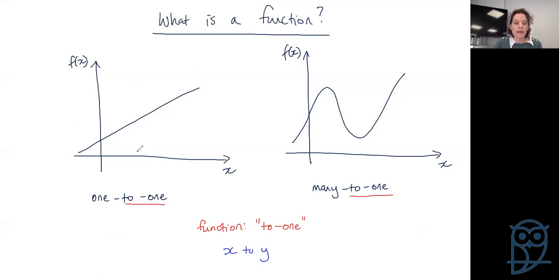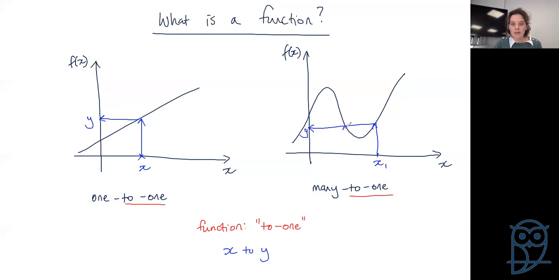So 1 to 1 means for one value of x, we go to our function and we get one value of y. X to y, 1 to 1. In this case, we have a little bit more fun, okay? Because let's say we go from this value of x, we would have this value of y.